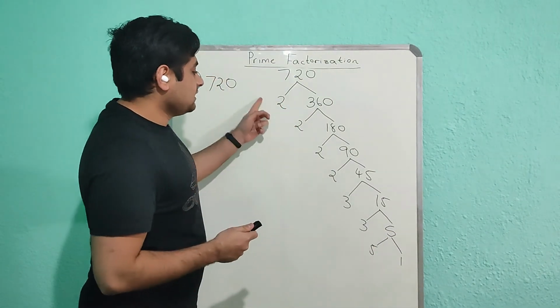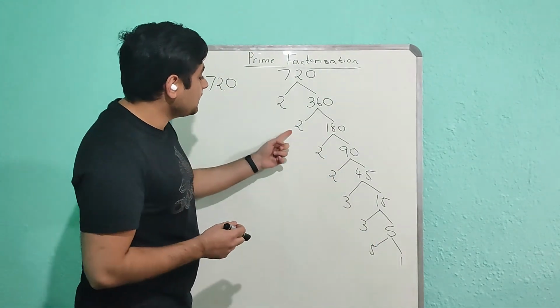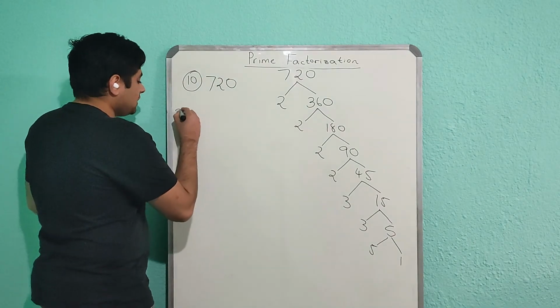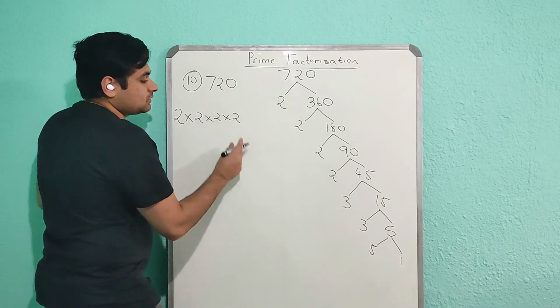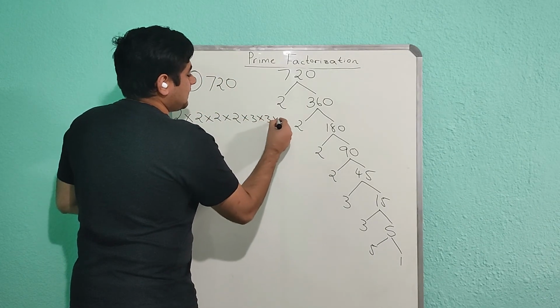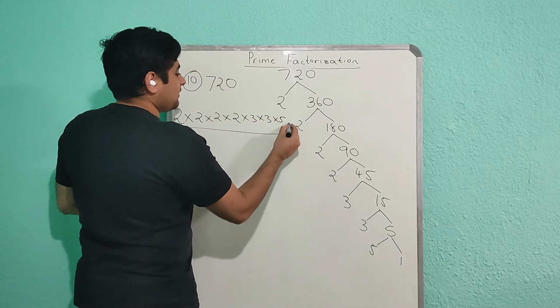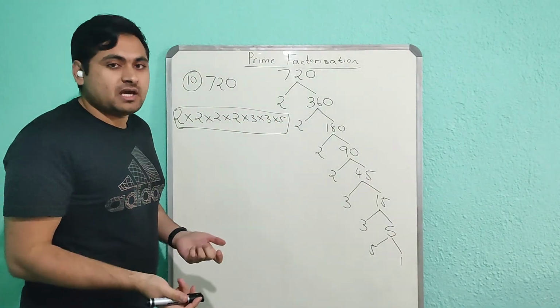So what is our answer? Everything on the left side is the answer. How many 2's did we get? 1, 2, 3 and 4. So it means 2 times 2 times 2 times 2. 2 3's, times 3 times 3 times 5. Hence our final answer is this. Is our answer correct? Let's go and check, right?